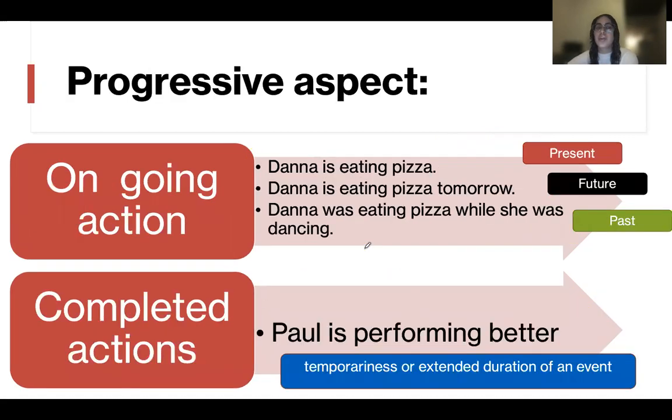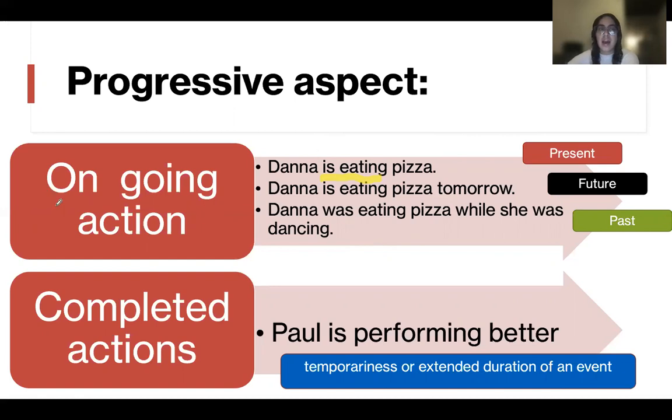But on the other hand, on the progressive aspect, which is the second subcategory, it can be said that we need to use auxiliaries and the gerund form of the verb in order to present a coherent sentence, because in this case we are talking about a form in which the verb has a continuing form.